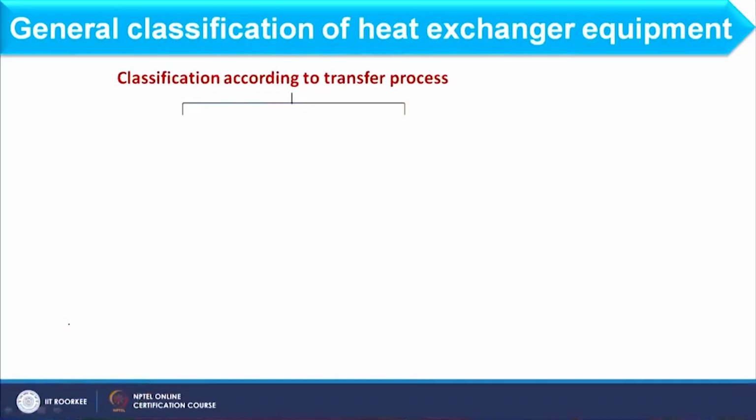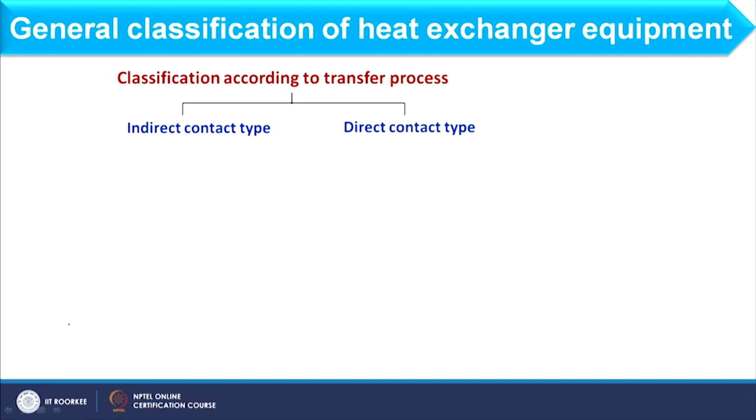Now we will focus on classification of heat exchangers, and this classification depends on different factors. The first factor is we are going to classify the heat exchanger based on transfer process, that is, how heat is transferring from one fluid to another fluid. Based on that we are going to classify.